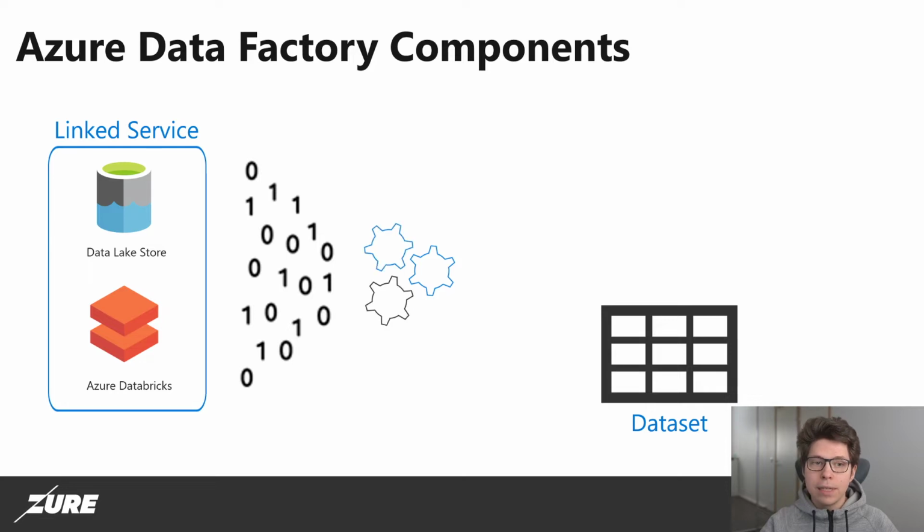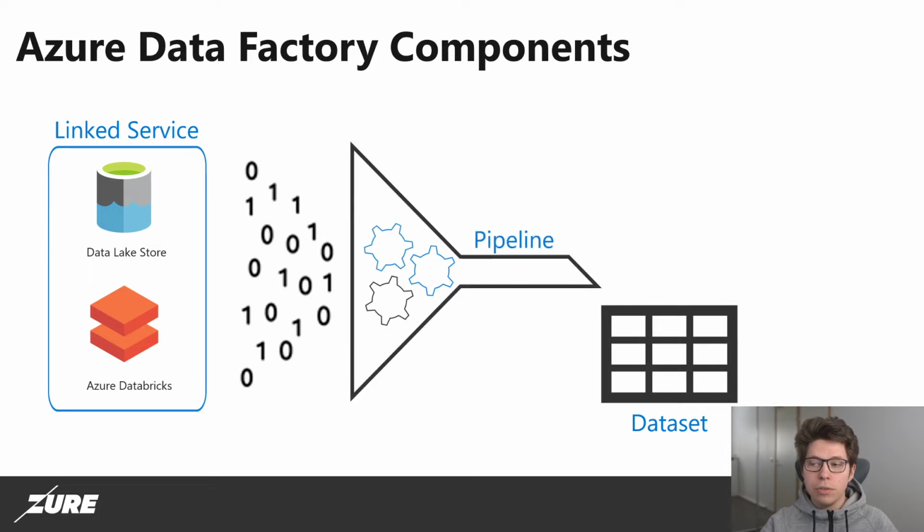And when you get a lot of these activities, you get a pipeline. So a pipeline is a combination of multiple activities that actually move the data and do something with it. Pipelines, of course, have triggers, so you can set when they run. And when this is complete, you have the data moving to the dataset or from the dataset somewhere else.